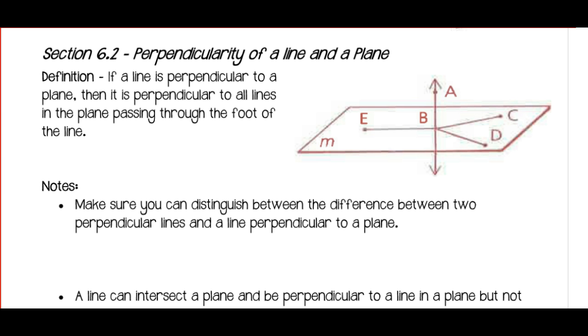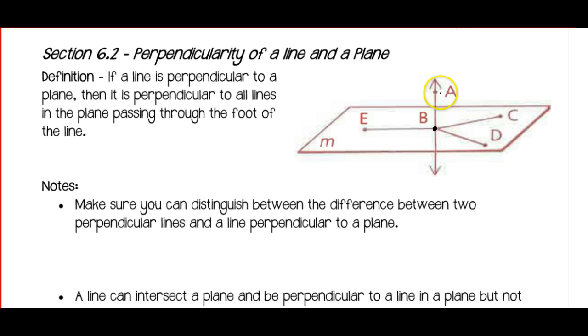If a line is perpendicular to a plane, then it is perpendicular to all lines in the plane passing through the foot of the line. So if you remember, the foot of the line is where the line goes through the plane. So in this case, in our diagram, B is the foot.